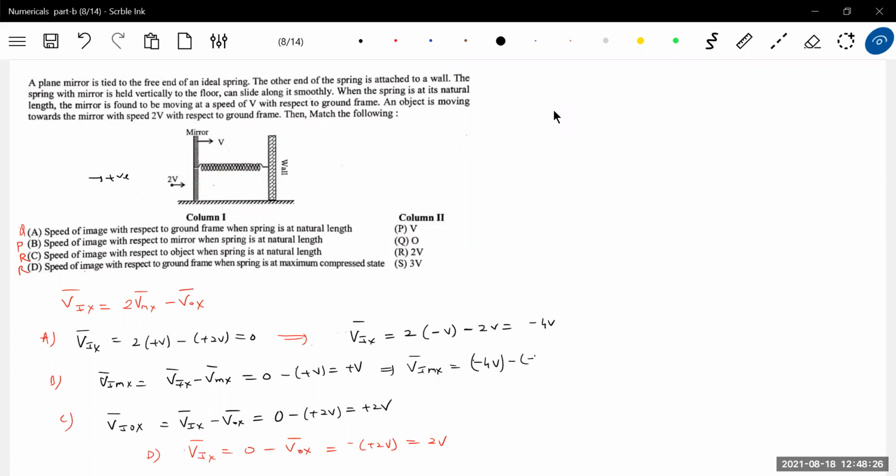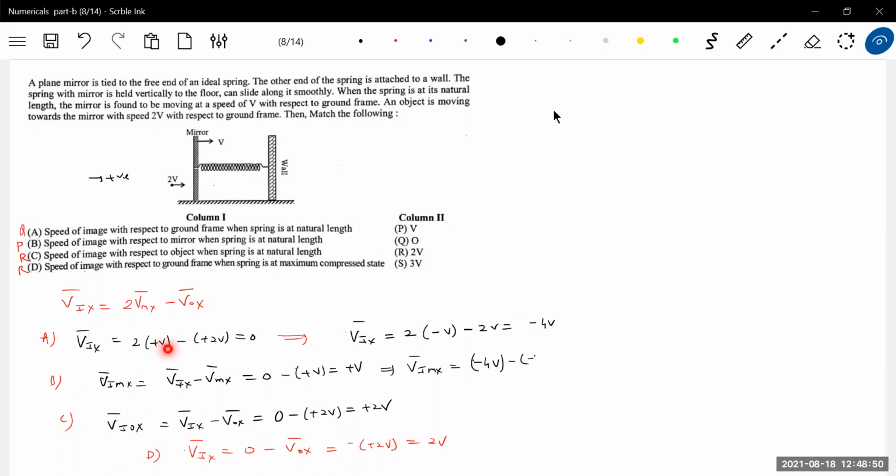We have to work that out. Found to be moving towards right, okay, but it's telling moving at a speed v, so it will also be moving towards left, no? We have to be a little bit alert, nothing else is there here.